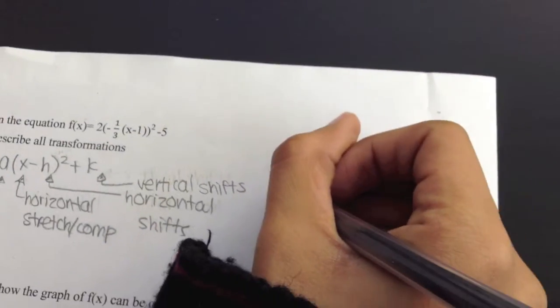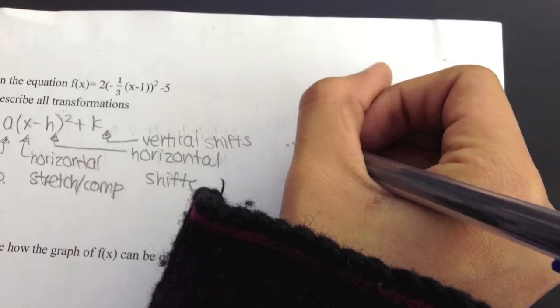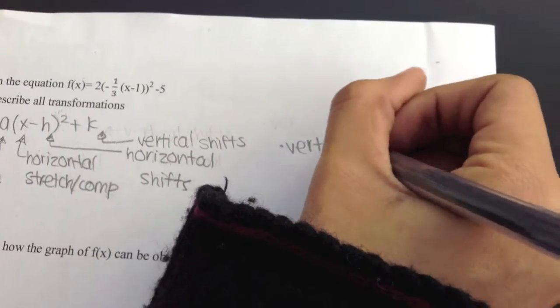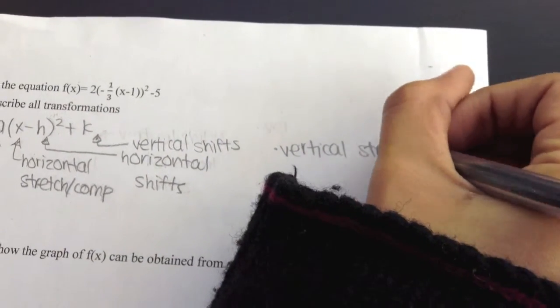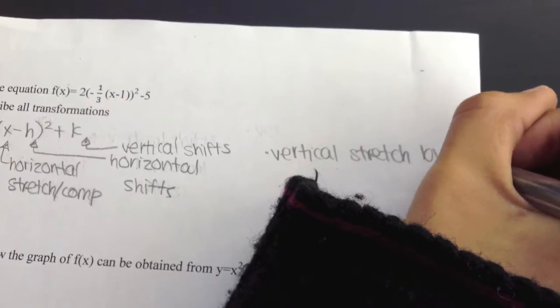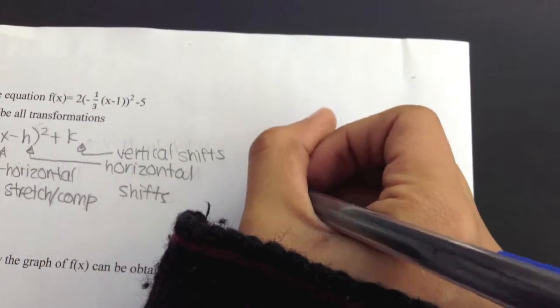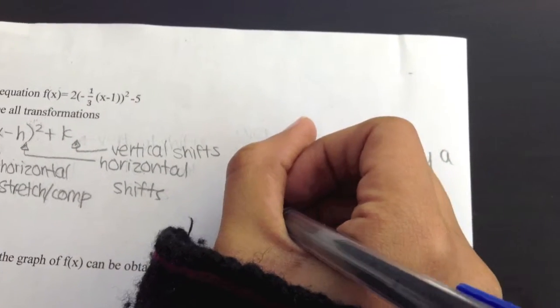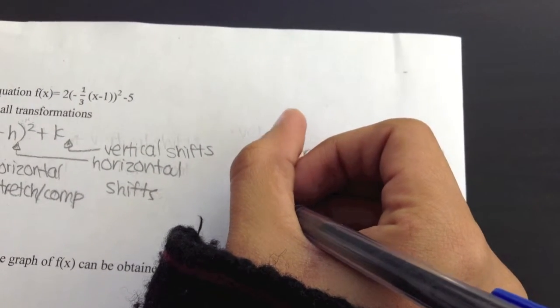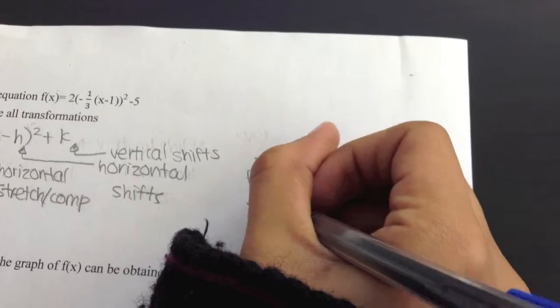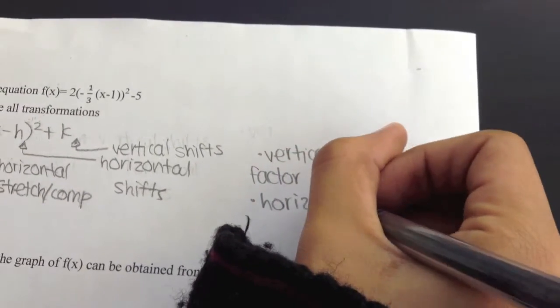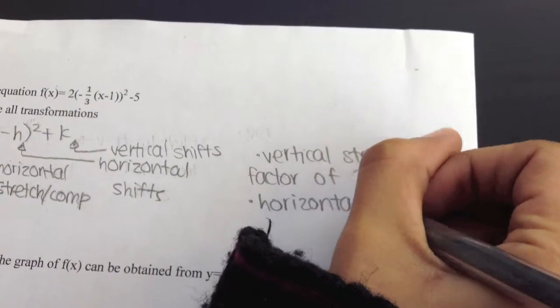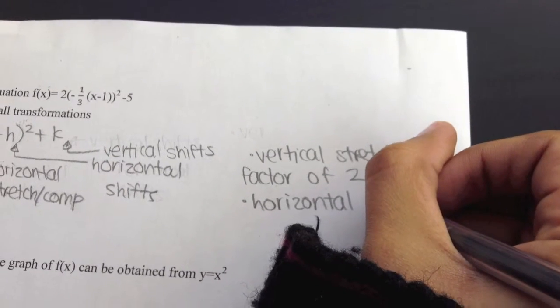So this would be a vertical stretch by a factor of 2. A horizontal stretch by a factor of 3, because everything inside the brackets is reversed.